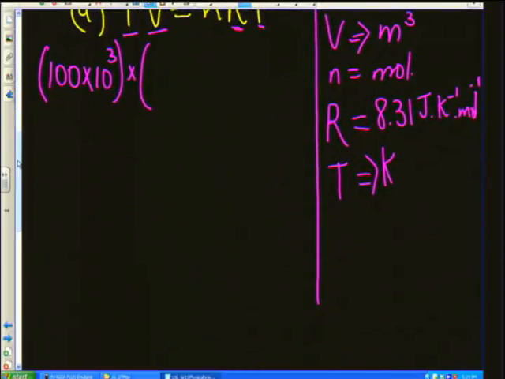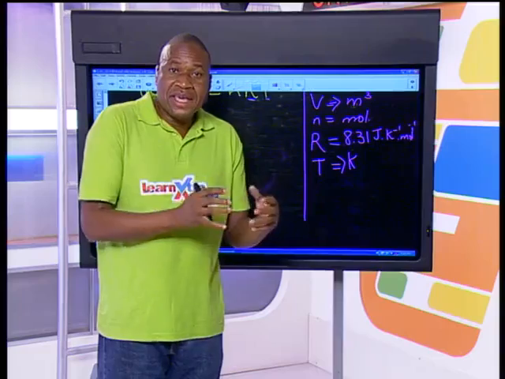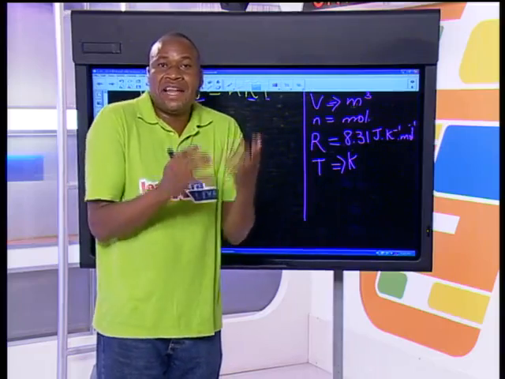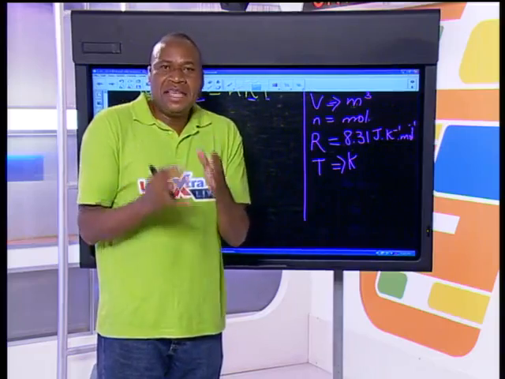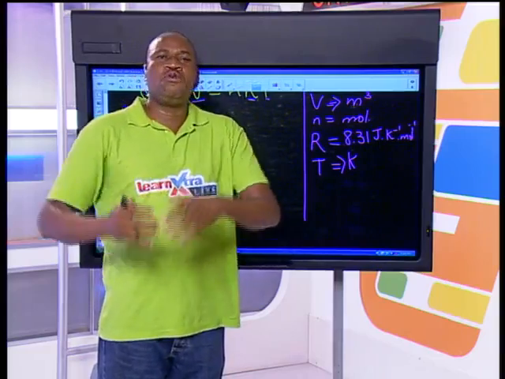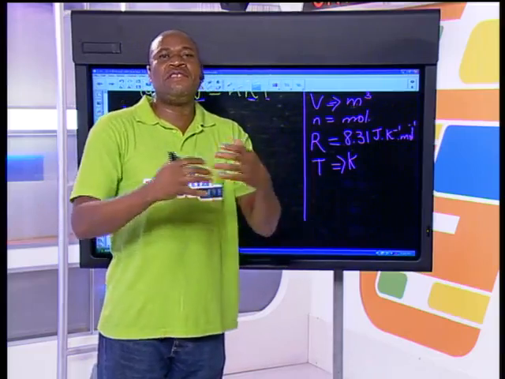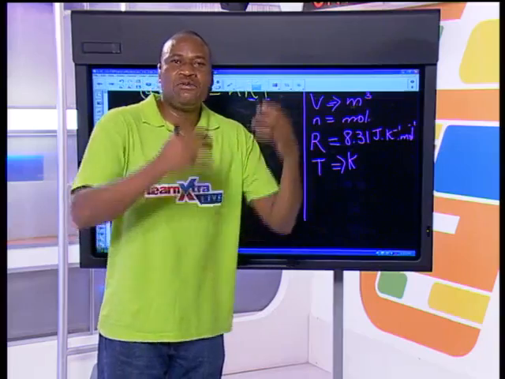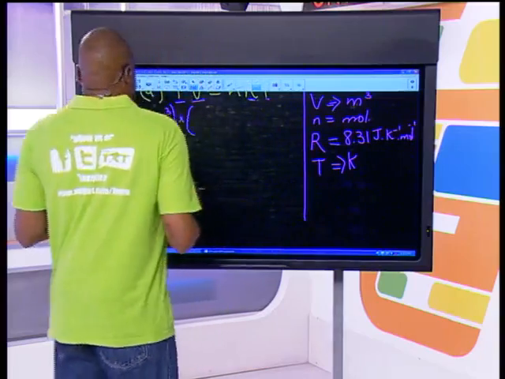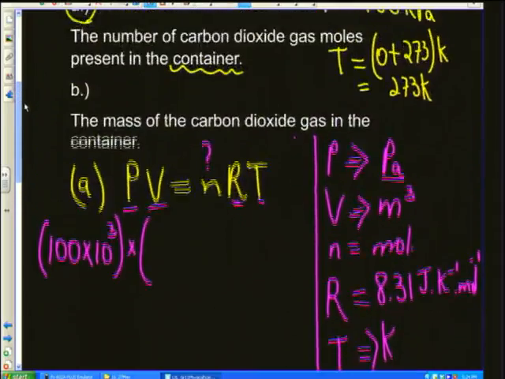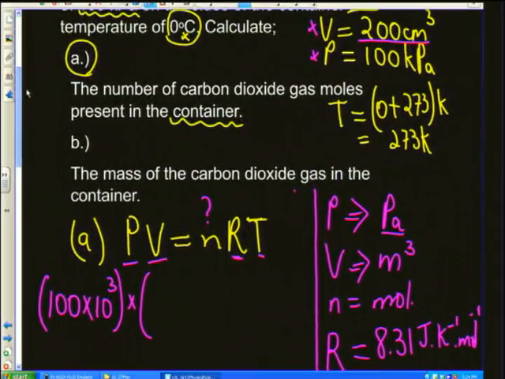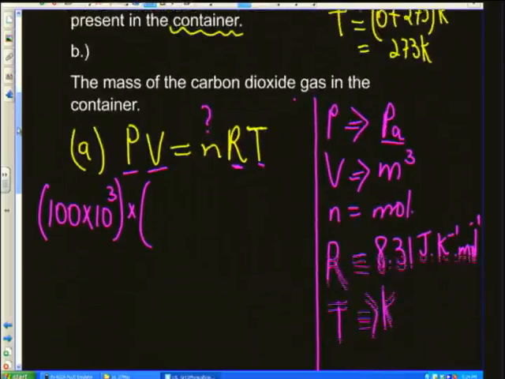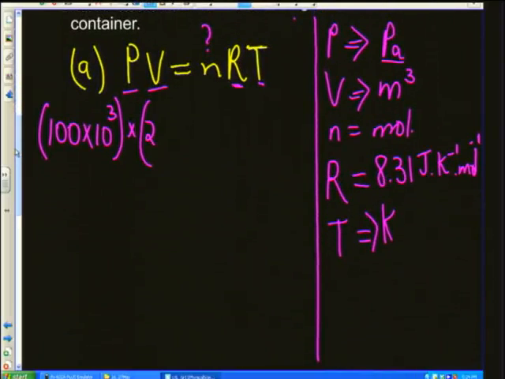Because if I move from cubic centimeters to cubic decimeters, I'll divide by 1,000. If I therefore move from cubic centimeters to cubic meters, I'll have to divide by 1,000,000. That is 10 to the 6. So it means this 200 cubic centimeters is 200 divided by a million, which is the same as multiplying by 10 to the power minus 6.